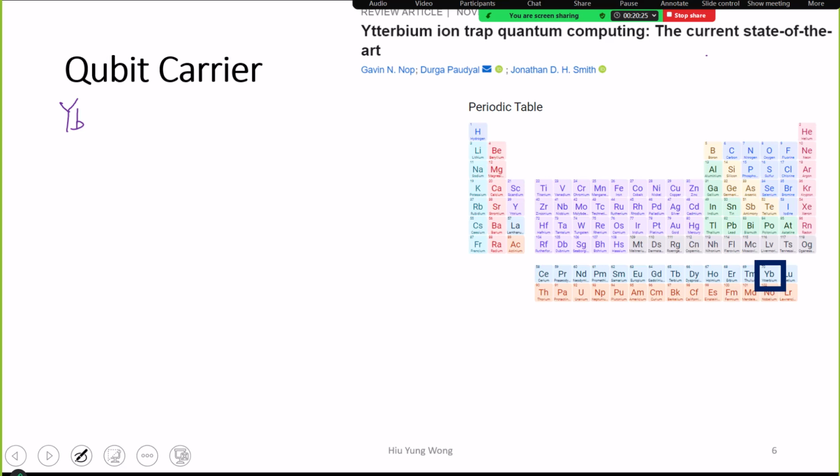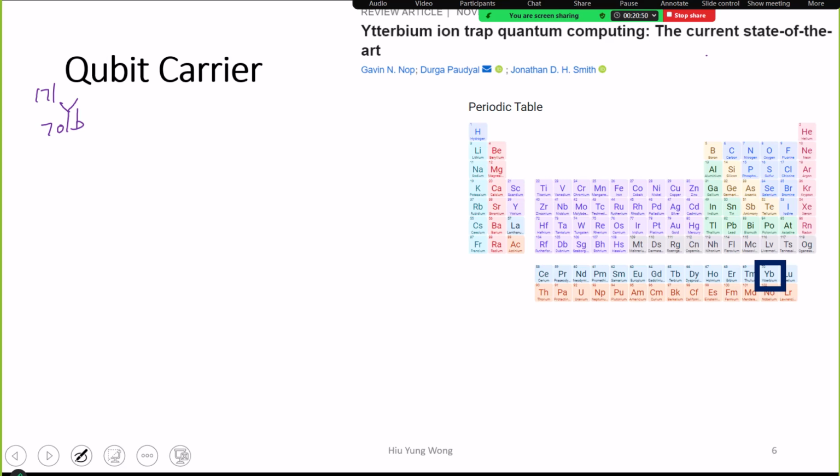It should be Yb, right? And this is 70 and 171. 70 means it has 70 protons. 171 means it has 171 electrons and neutrons, right? So one is the mass number, one is the atomic number. So 171 is an odd number.